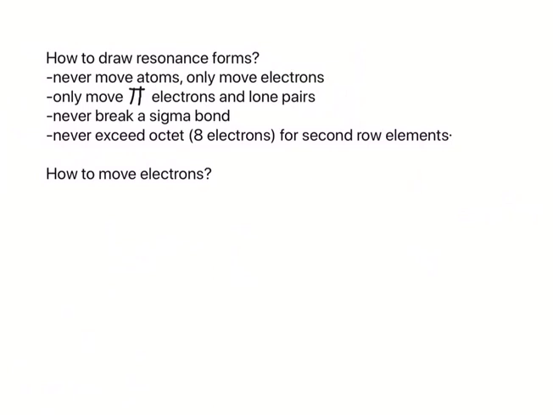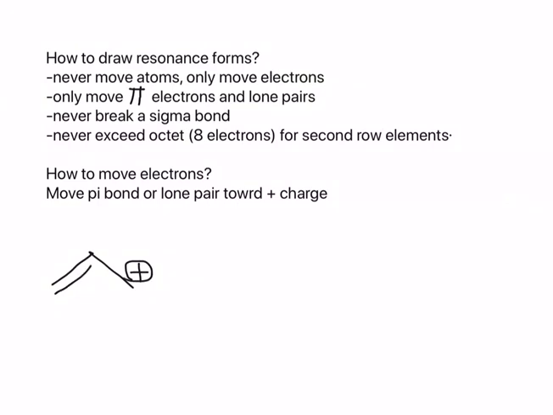Okay, so to draw resonance structures, we have to move pi electrons and lone pairs. But how should we move these electrons? Again, there are a few rules that we have to follow. One of them is we move pi electrons or lone pairs toward a positive charge. For example, if we have this carbocation, the first rule tells us to move a pi bond or lone pair toward a positive charge.